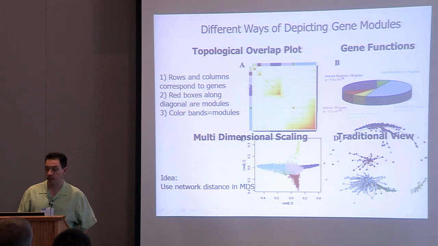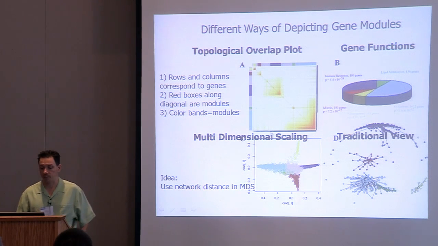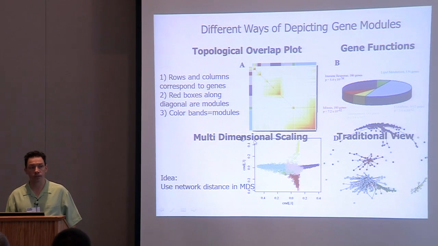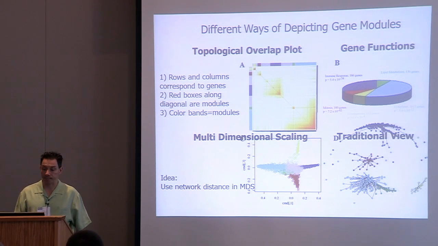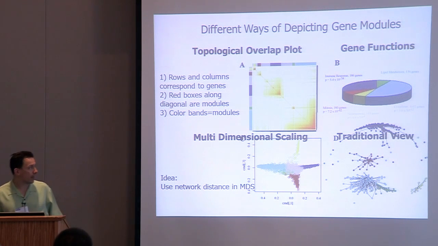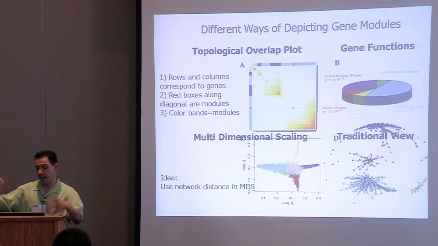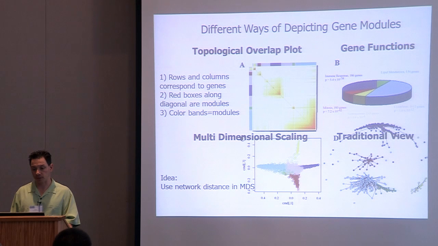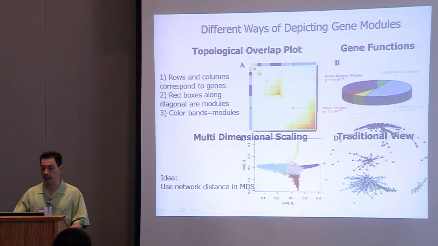Visualizing. So this is the topological overlap matrix plot. Let's come to another visualization tool which we will show to you later today, which is multidimensional scaling. This is a way of projecting a high-dimensional space, in certain ways, into a two-dimensional or three-dimensional space.